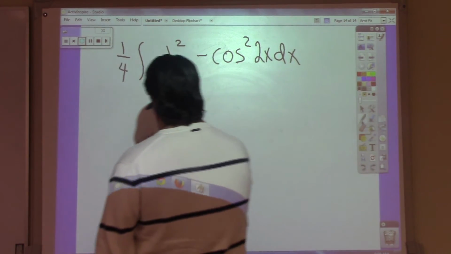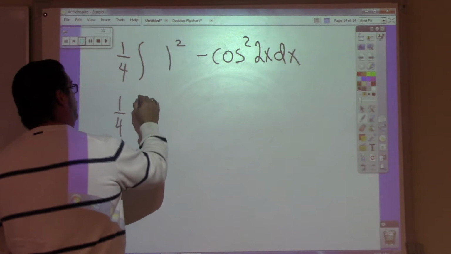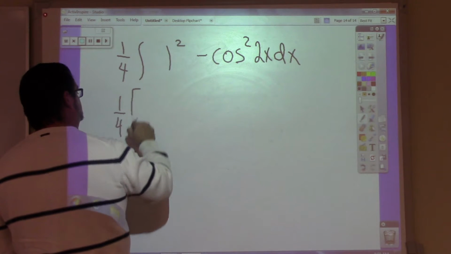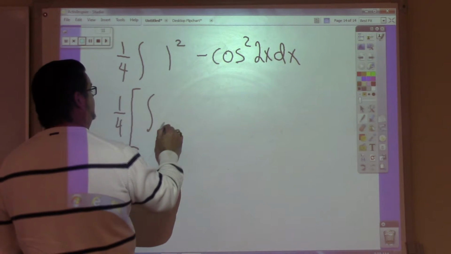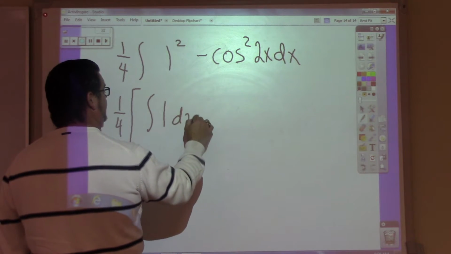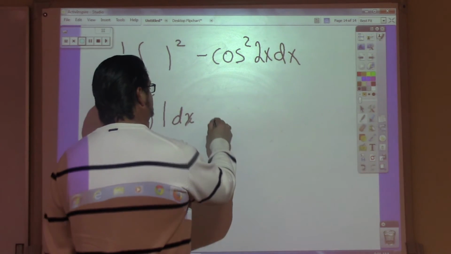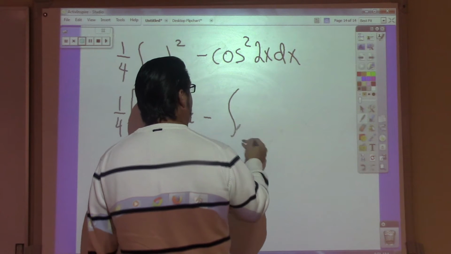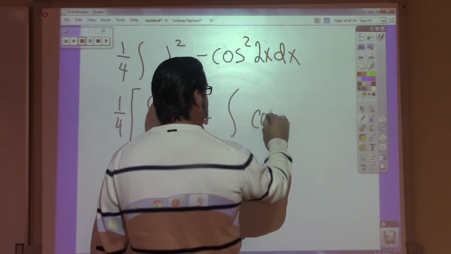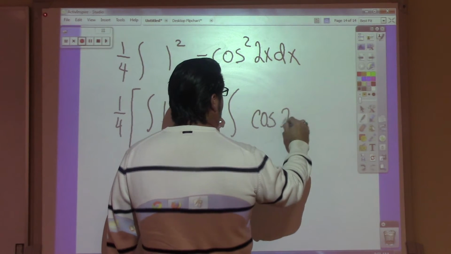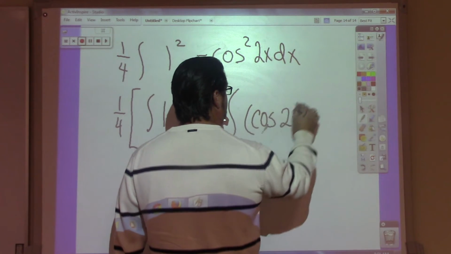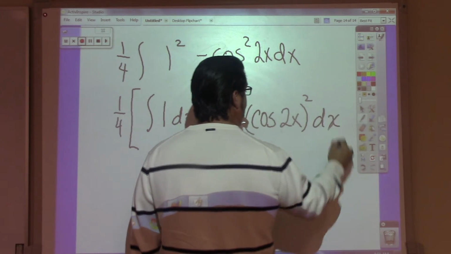So that's going to be 1/4 times the antiderivative of 1 dx minus the antiderivative, and you can rewrite this as the cosine of 2x squared dx if you want to.